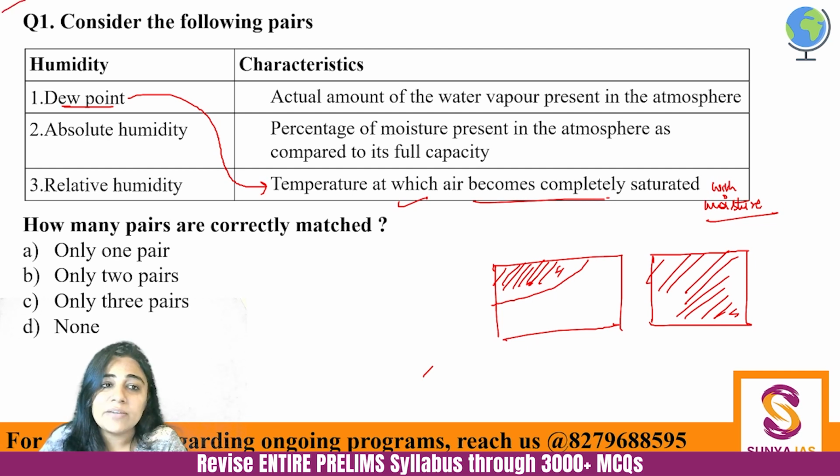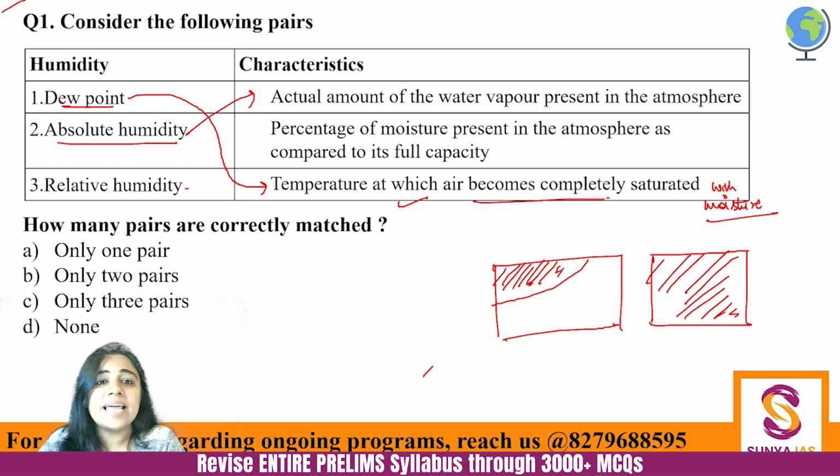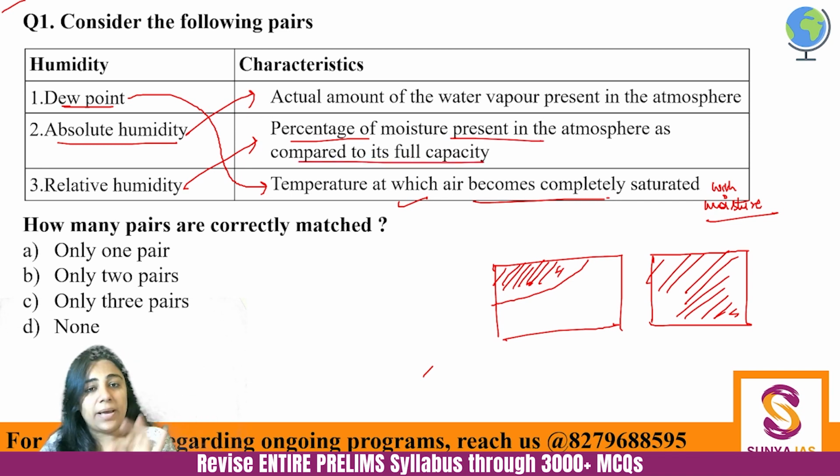Absolute humidity, we have already done this before, that is the actual amount of water present in the atmosphere, per unit air, right? And then there is relative humidity. Relative humidity is the percentage of moisture as compared to its full capacity. Okay, so all three are incorrectly matched, so the answer is none.